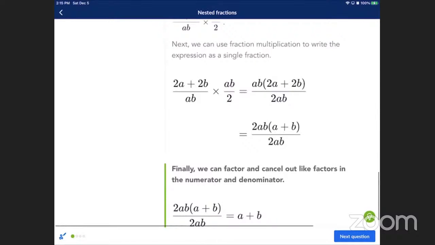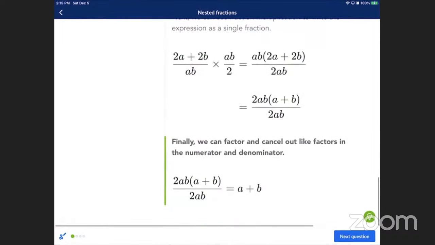So we would get 2ab on the bottom, and we get 2ab over here as well. So that's kind of confusing, but it's something we have to pay attention to. Let's go to the next one.